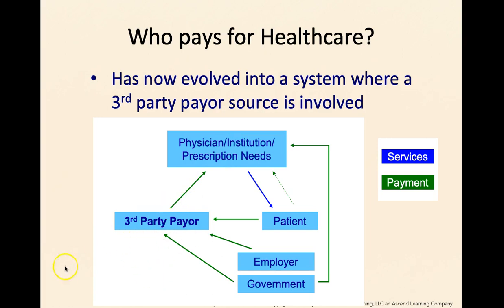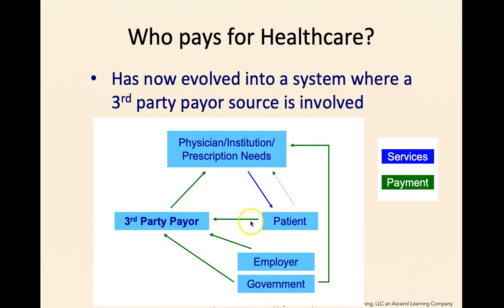There has to be some money involved where it comes from, wherein they are able to put together those resources so that they're able to afford to pay the providers of care. And that would be the employer of the patient, who pays part of the premiums for the health insurance, or the government that would pay, say, the premiums for Medicaid or for other government programs like TRICARE if you're with the military. Okay?